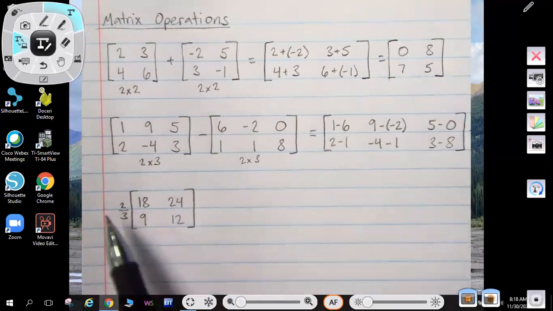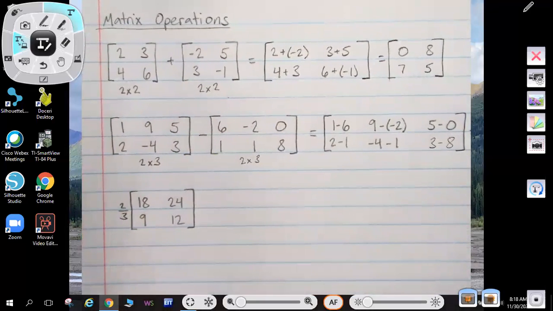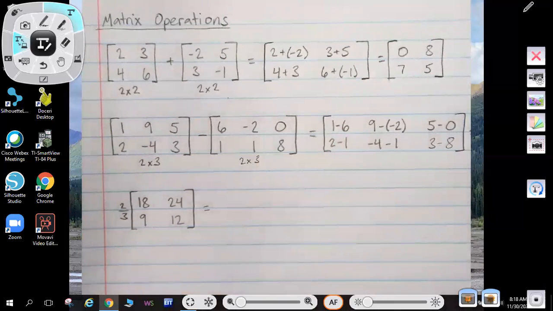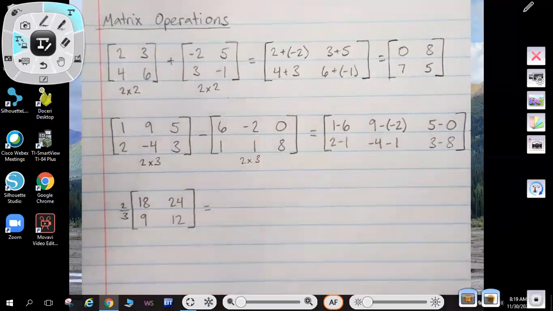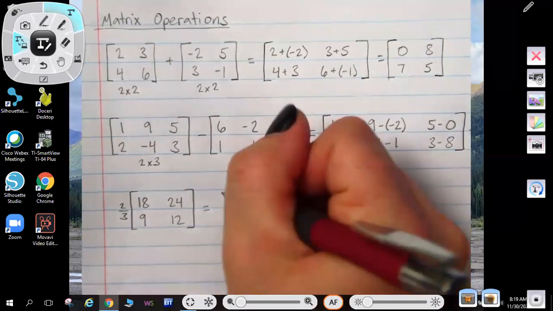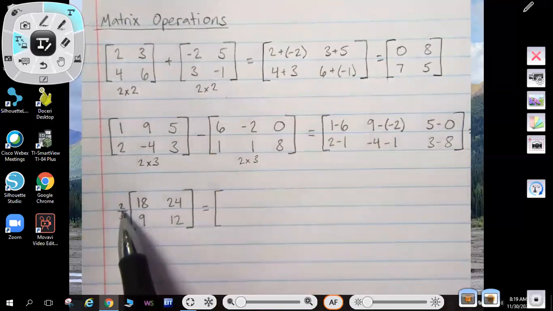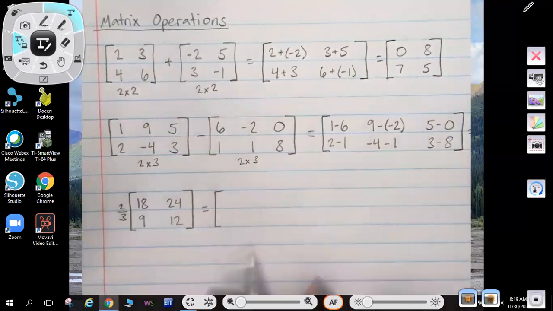So some number being multiplied by a matrix. All we have to do is distribute whatever this number is to each element in the matrix.